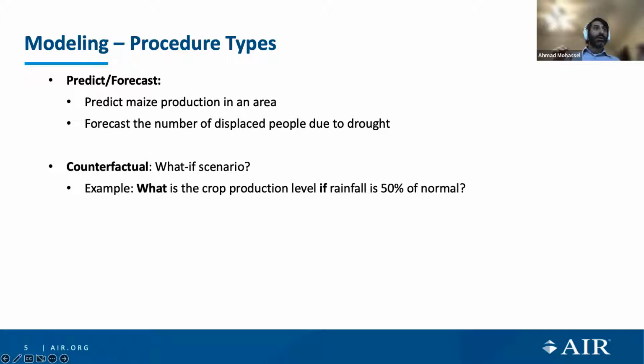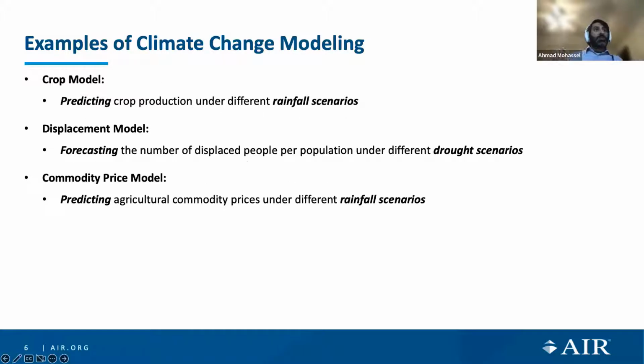Next slide, please. I'm going to give you 3 quick examples of different modeling that we've done. We have other models, and then I'll hand it to Eric to talk about the crop model.